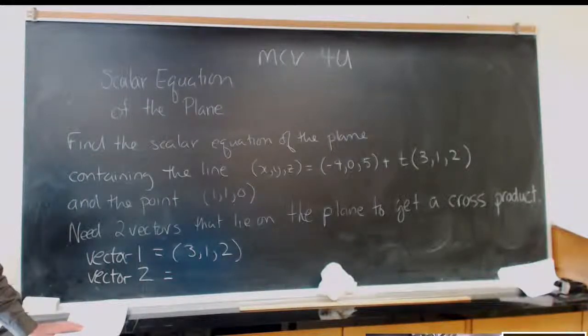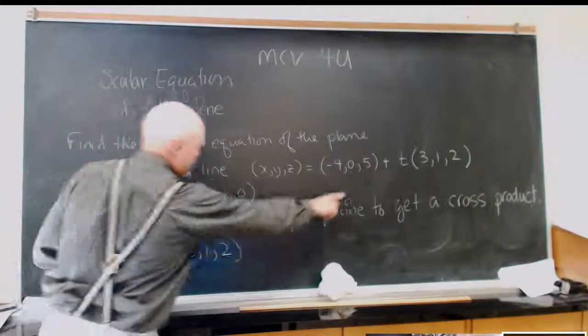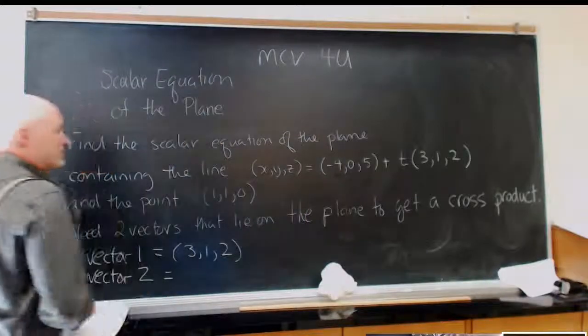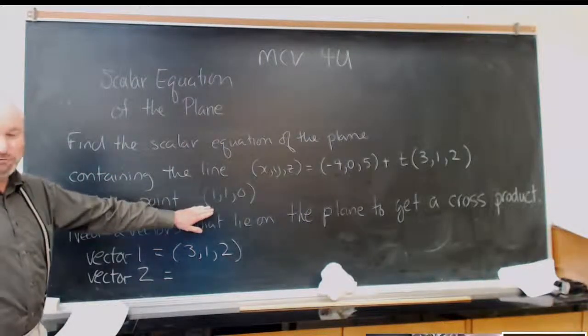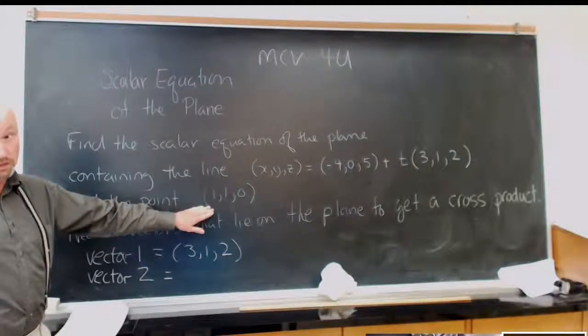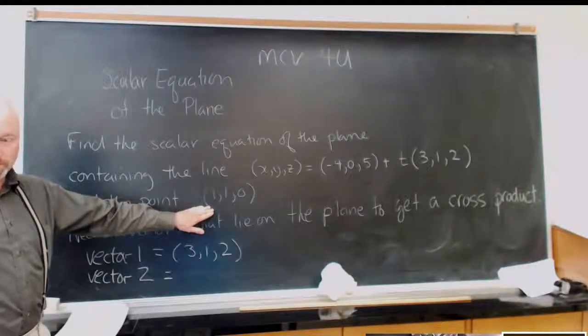If I've got 2 points that lie on the plane, I can calculate a vector that lies on the plane. Now I know the position vector, -4, 0, 5, is on the plane, and I know that this point, 1, 1, 0, also lies on the plane.